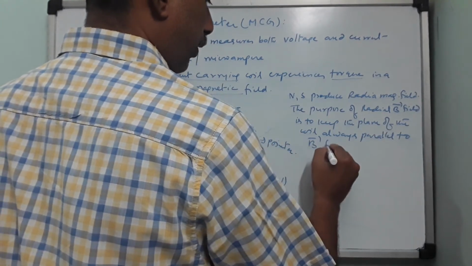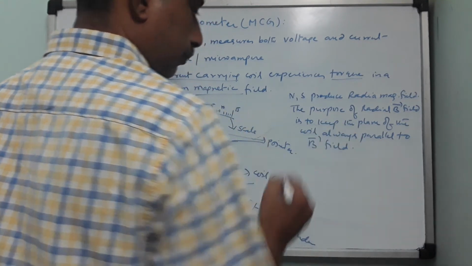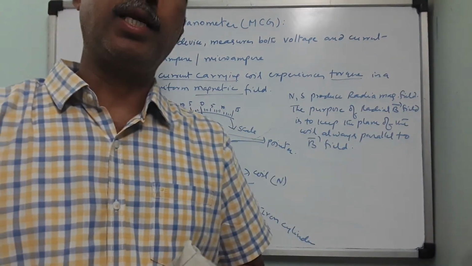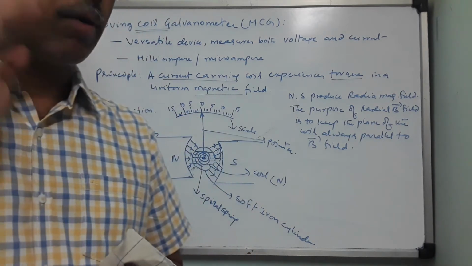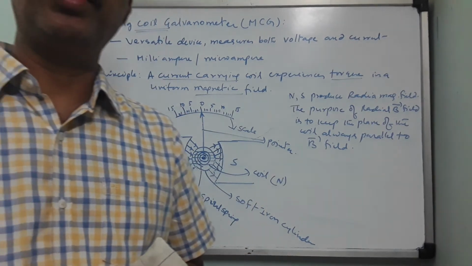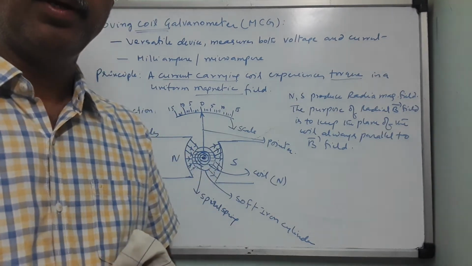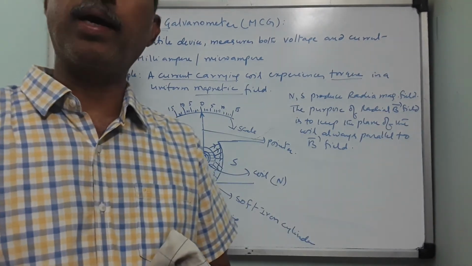To the magnetic field. One more question. What type of magnetic field is produced by concave shaped magnetic poles, or what is the shape of the magnetic poles used in a moving coil galvanometer? Why are they concave shaped, and what is the purpose of that type of magnetic field?